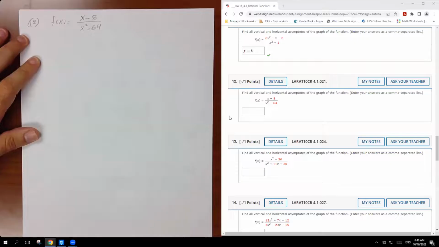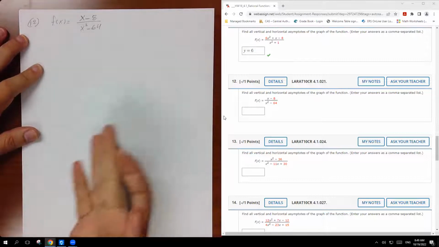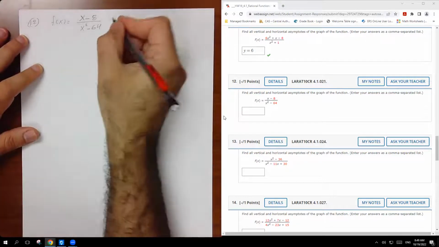Because the first thing, always, check if you can simplify. So always simplify the function before you find the vertical asymptote and horizontal asymptote.